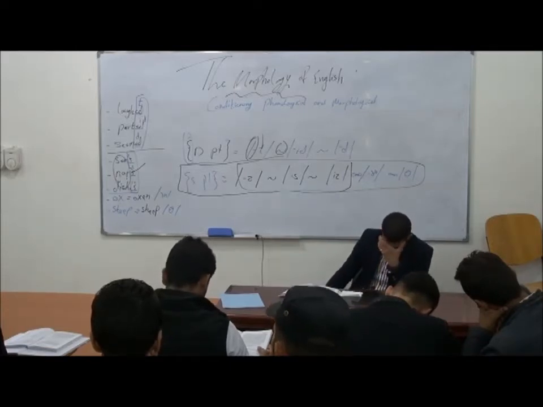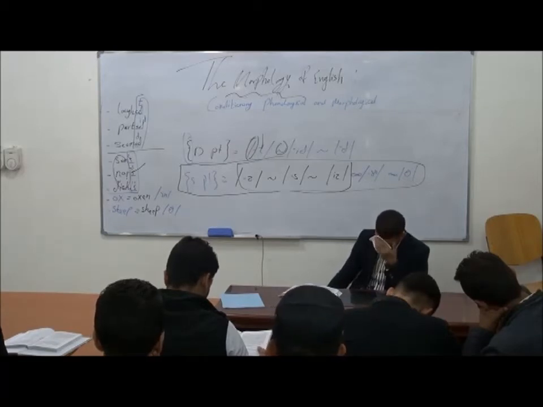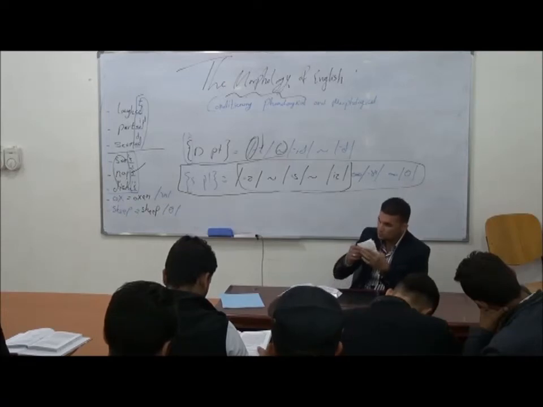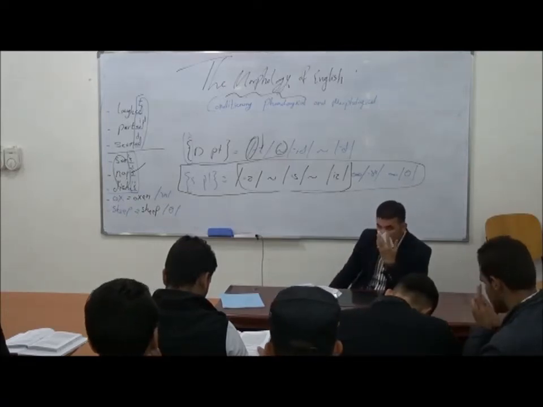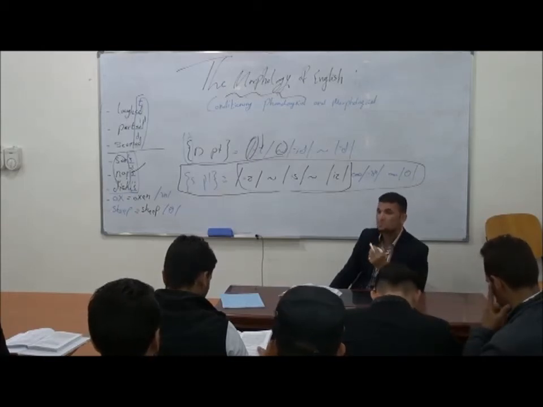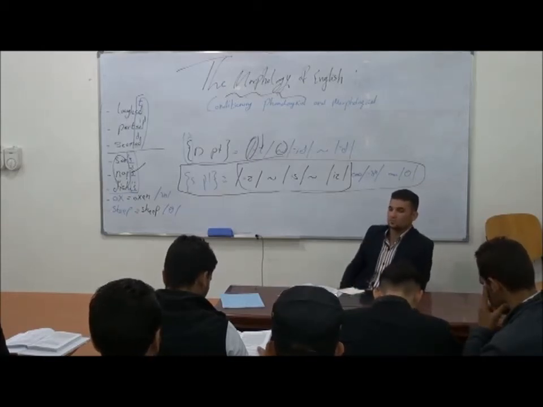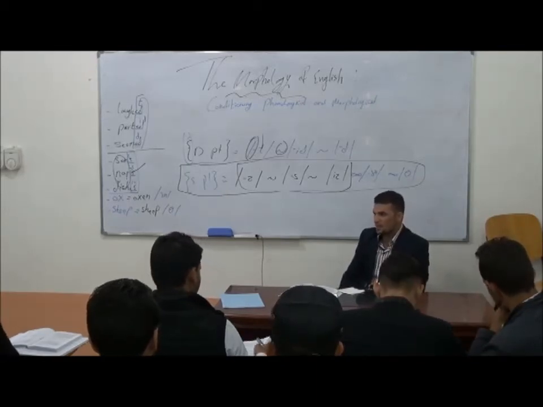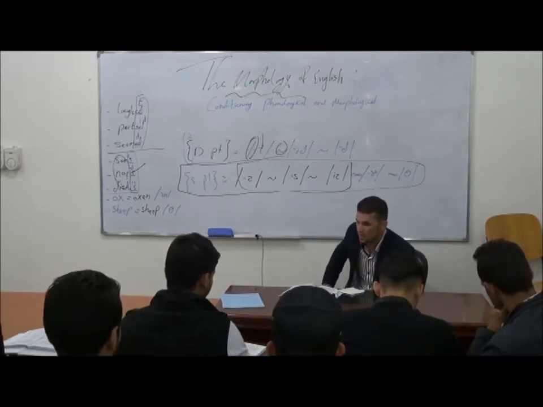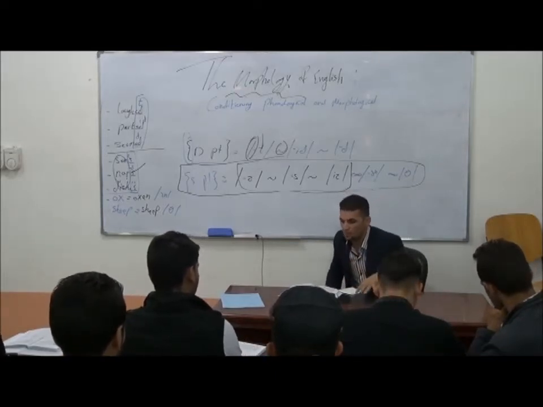Zero. The morpheme s plural equals z and s and iz. Yes. The morpheme for ox and zero. Yes.